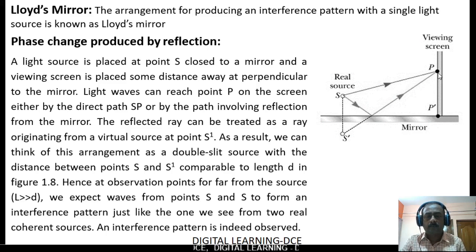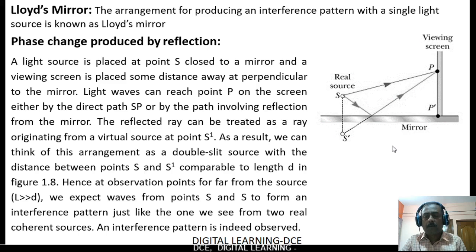This is possible. The reflected ray can be treated as a ray originating from a virtual source at the point S dash, the virtual source of the real source S. As a result, we can think of this arrangement as a double slit source with the distance between points S and S dash comparable to length d in the figure.